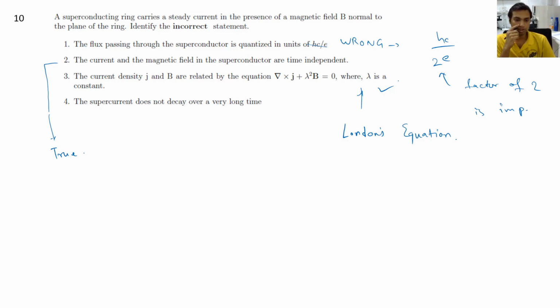The superconductor current doesn't decay over a very long time. Yeah, since the resistance is 0, whatever the current is set, that is time independent. And since it is time independent, it neither decays nor grows, it remains the same. So this is a correct statement.